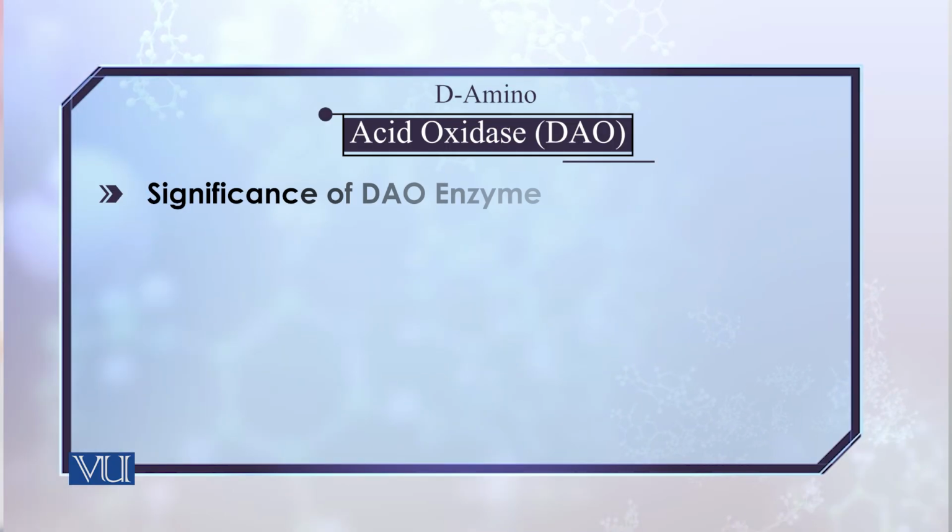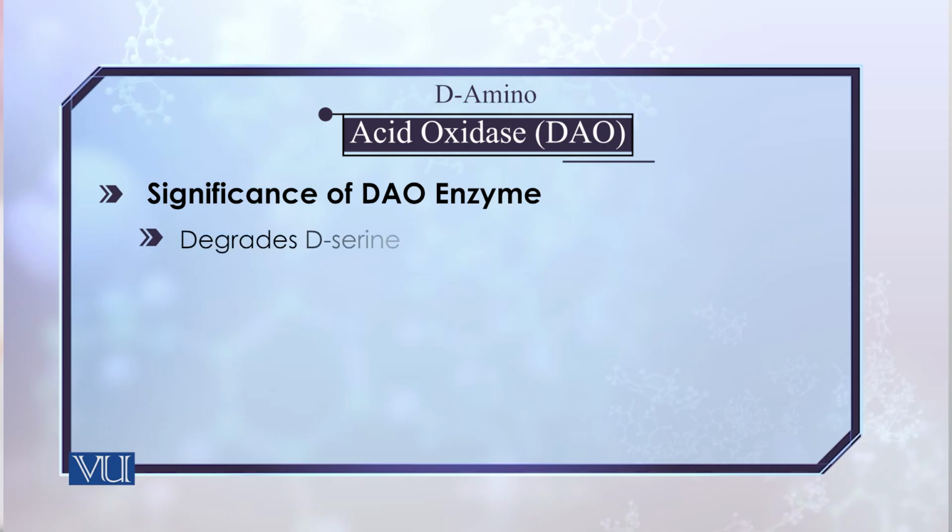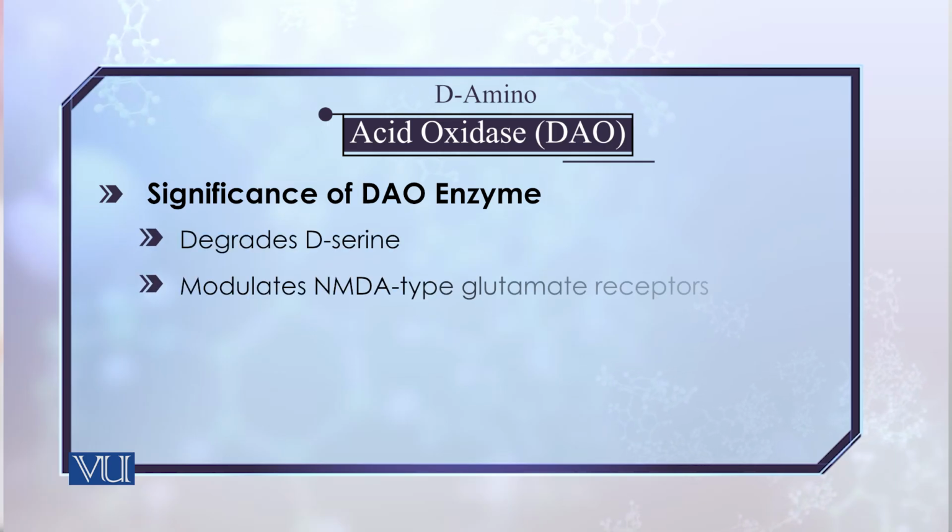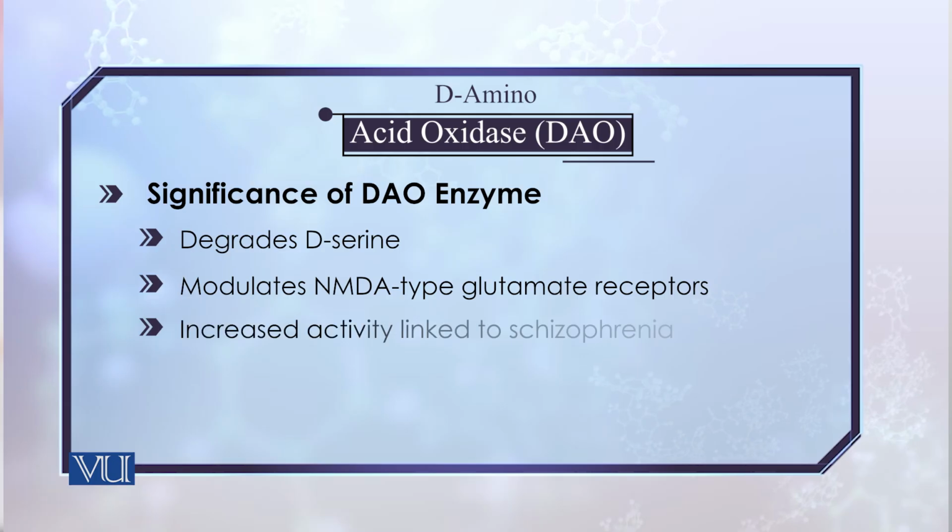If some defects occur in the metabolism of these amino acids, it has clinical implications. For instance, if there is failure in the metabolism of D serine, because the D amino acid oxidases are not able to degrade this amino acid, it will lead to certain neurological disorders like schizophrenia.